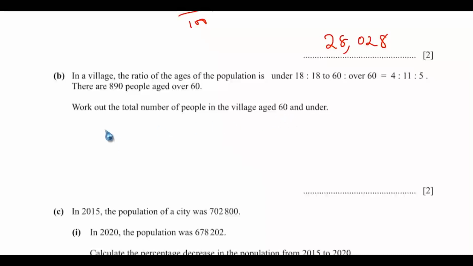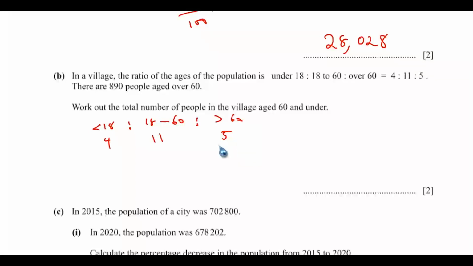So if you say less than 18, that is under 18. Then the ratio between 18 and 60, then the ratio of those that are over 60. You can write it like this, then we have the ratio to be 4 to 11 to 5.